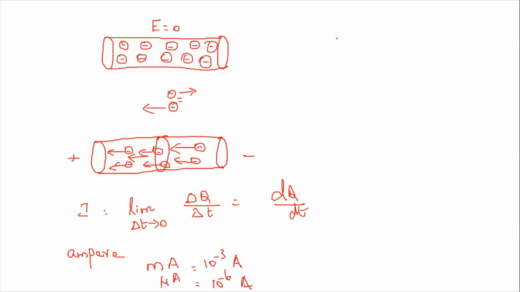Now, this electric current you will be observing in many situations. Take a battery. What will be the nature of current flowing from a battery? Is it varying always, or is it steady?